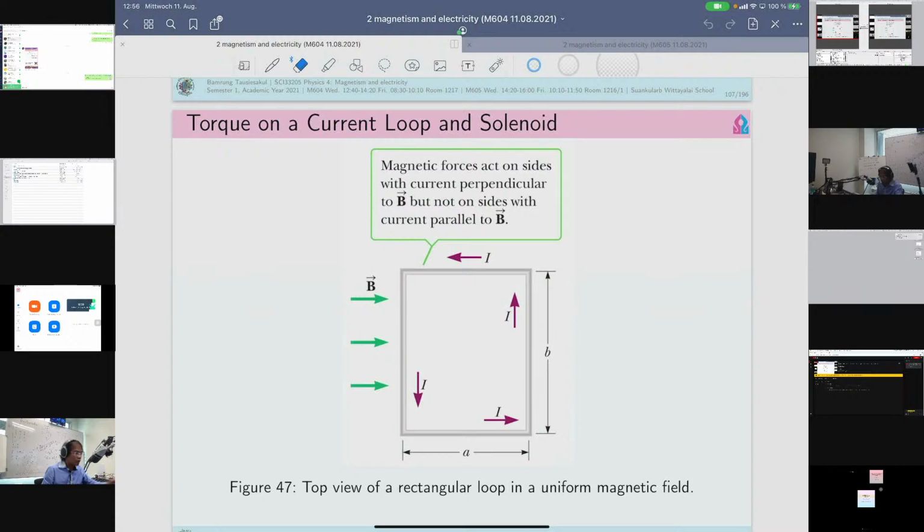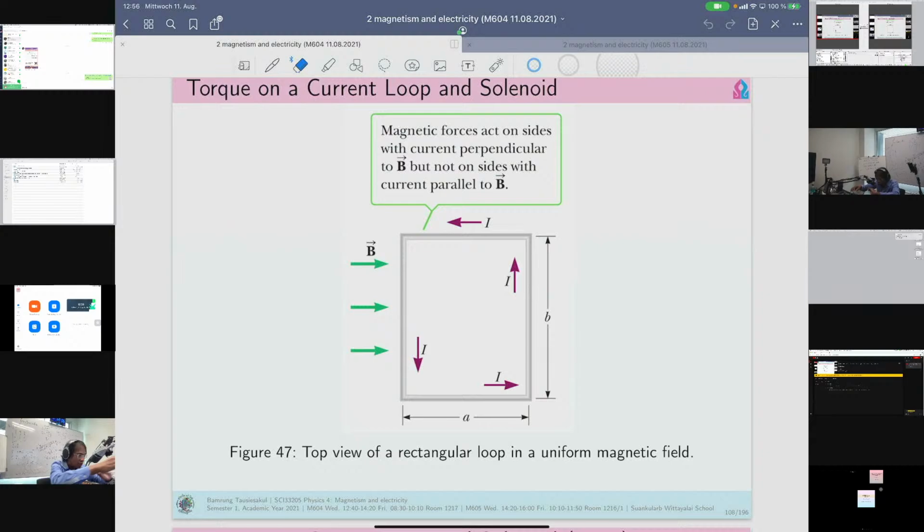We have here the conductor in rectangle form. Let's say the rectangle has two different sides. It can also be the square, typical square, and in that case you have the same distance to all four sides.